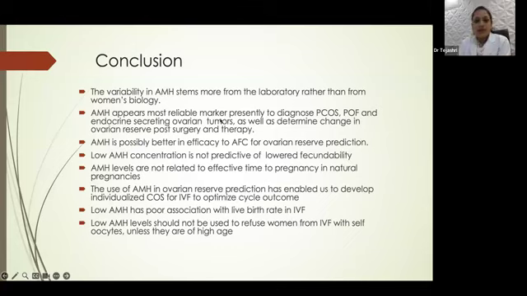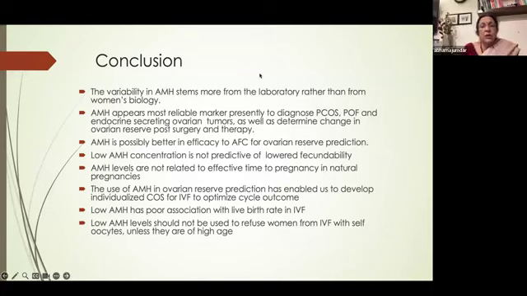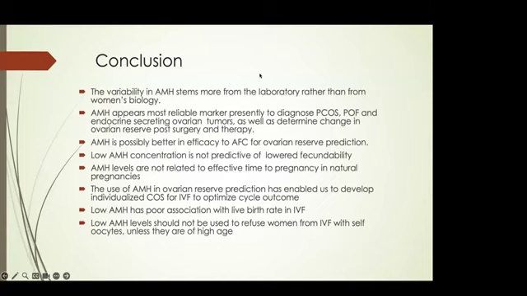Yes, let's move to the first question, ma'am. The first question is, should we get AMH in all infertile patients as an initial investigation? Yeah, if you are taking her for IVF for male factor, or for severe endometriosis or tubal blocks, you are going to stimulate her.